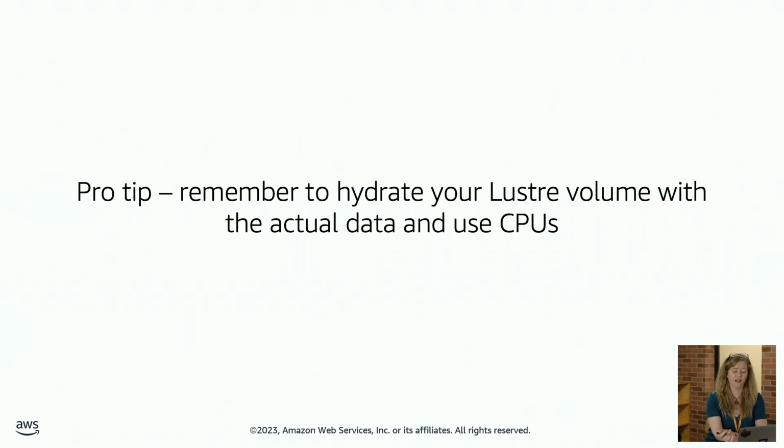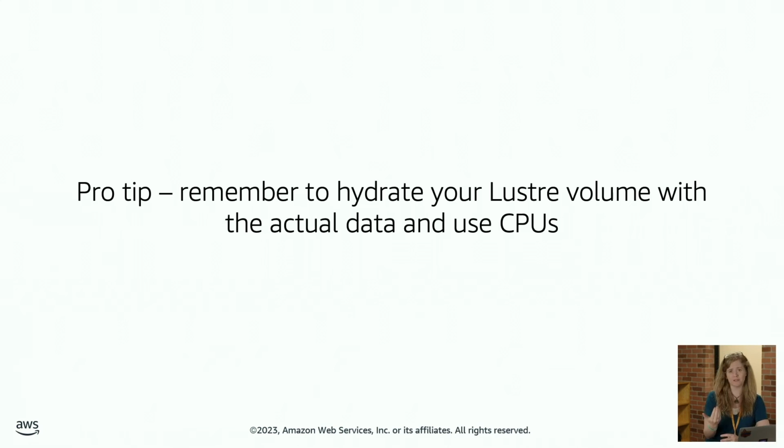All right. And then again, one word of caution here, your pro tip, please remember, you need to hydrate your Lustre volume with the actual data. So when you create your Lustre volume in the console, that is not copying all of the data, that is just creating the metadata. So the metadata is available on Lustre the minute it's created, but you need to hydrate the Lustre volume with the actual data.